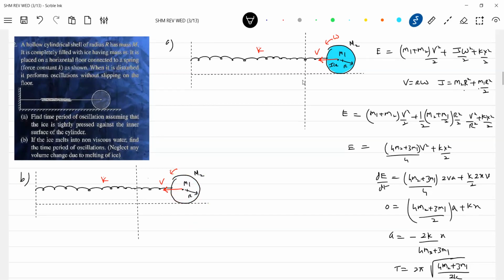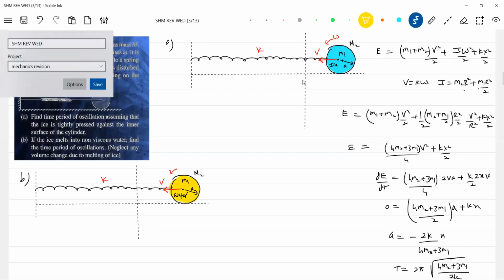Now this will be water. Now let's see what will happen to the role of water here, and moreover it's a non-viscous liquid.